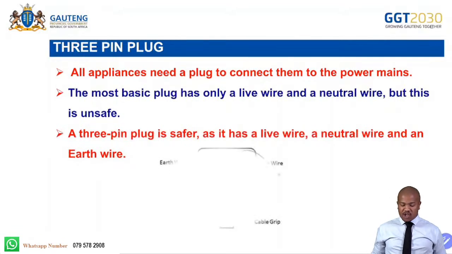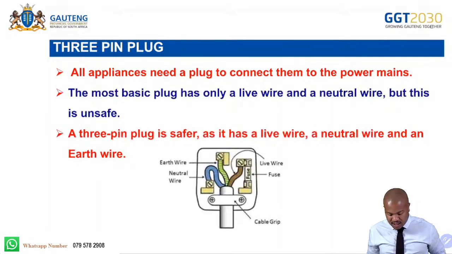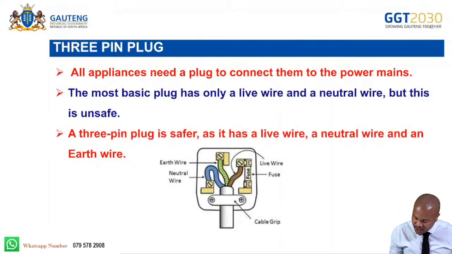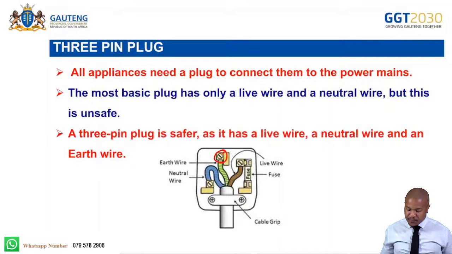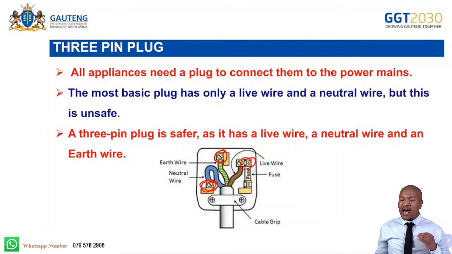A 3-pin plug looks something like this. It has an earth wire that has the colors green and yellow. Then it has a neutral wire on the left-hand side, which is blue, and a brown wire, which is our live wire.